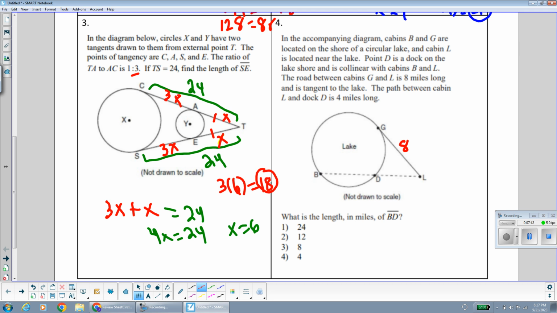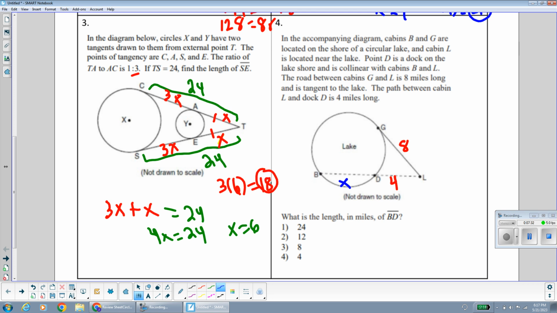The path between cabin L and dock D is 4 miles long. So that's between L and D. That's the outside part of the secant to the circle. And we're looking for the length of BD.